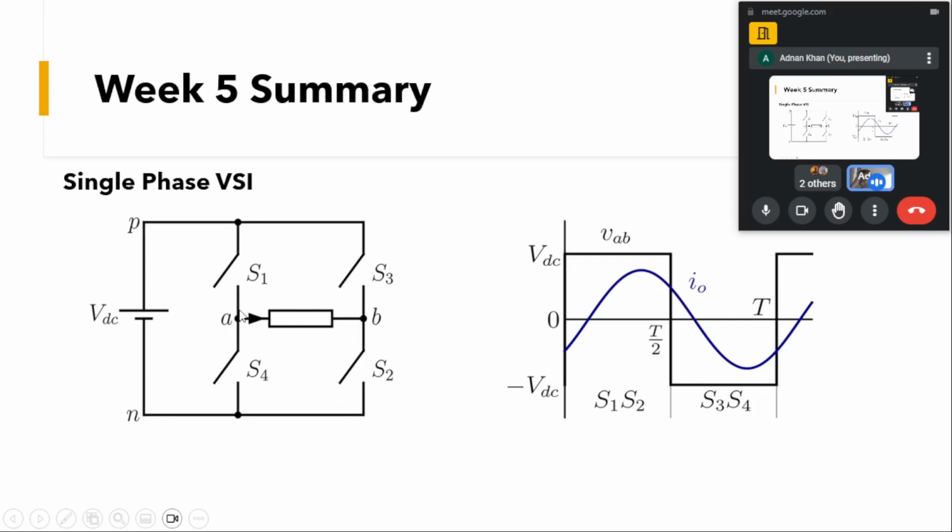When the current is negative, it will flow in the anti-parallel direction in S1 and S2. What that would mean is that the switches or devices in this topology should be able to conduct bidirectional current. That means these devices S1, S2, S3 and S4 should be able to conduct both positive as well as negative current.